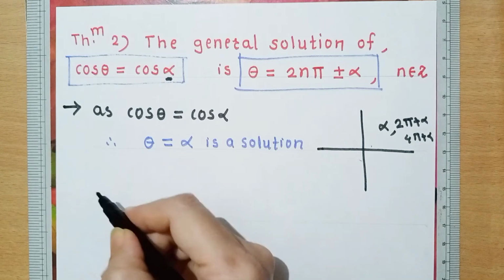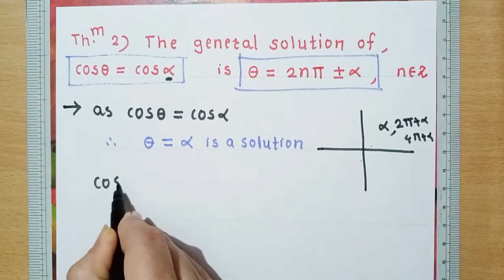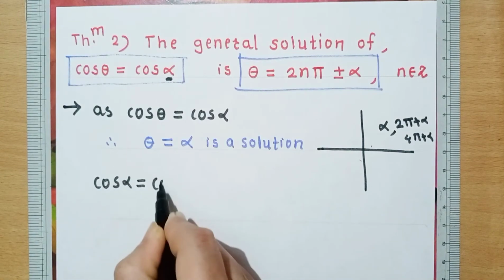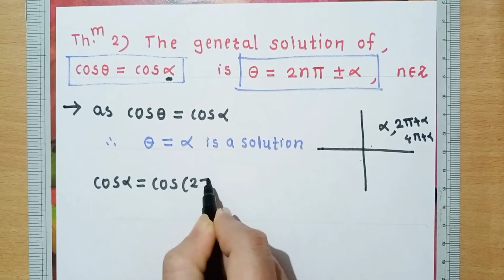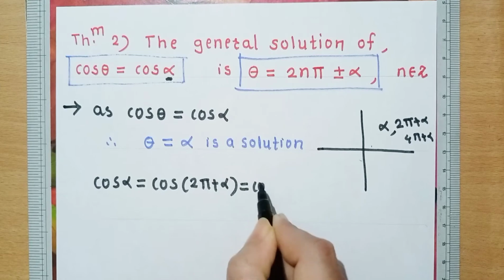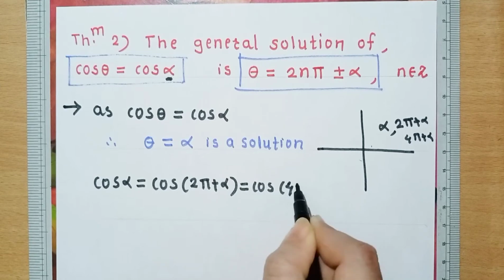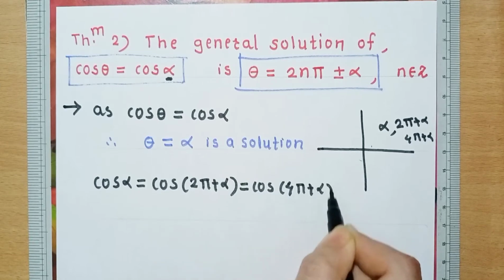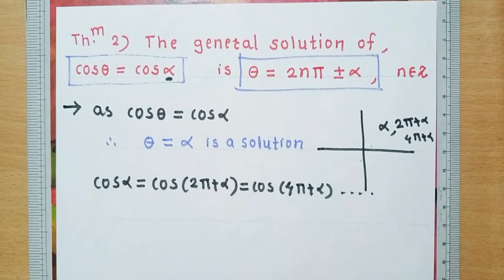So we will write here cos of alpha is equal to cos of 2 pi plus alpha after one complete rotation, then that is equal to cos of 4 pi plus alpha, and so on. And also cos alpha is equal to cos of minus alpha.